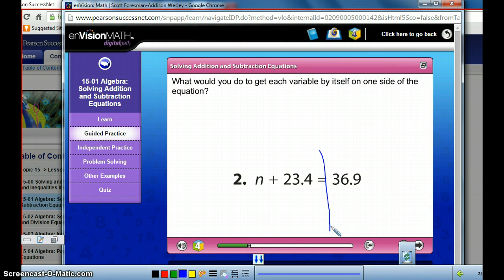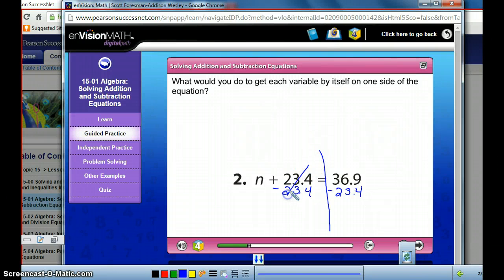This says plus 23.4, so what am I going to do, Claire? Subtract 23.4 from each side. Minus 23.4, minus 23.4. I'm very neat in my work because this has decimals. I need to make sure they're lined up. So this was like saying positive 23.4, like I had 23.4 and then I lost it. So now it's gone.